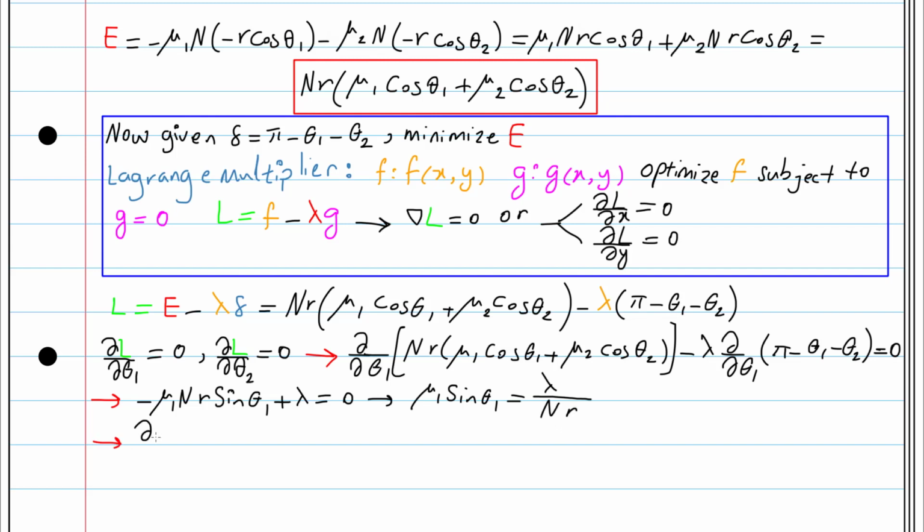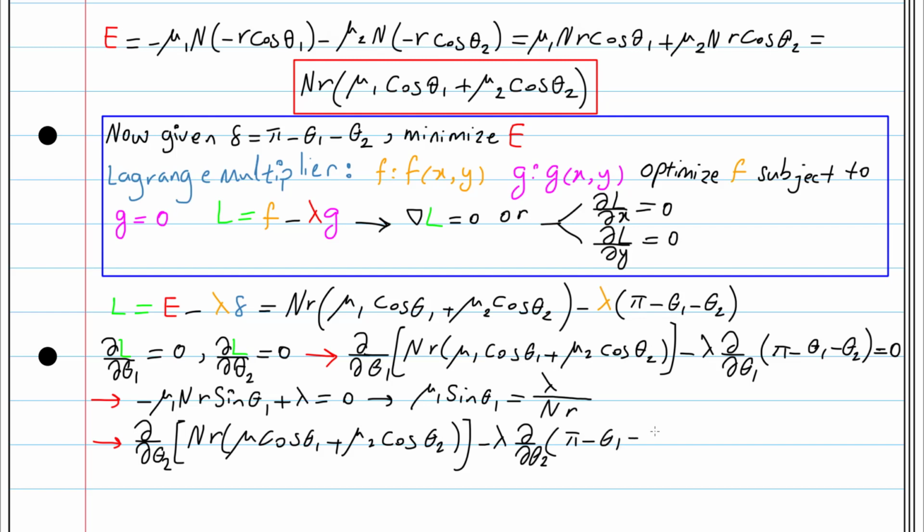In the same way, the partial derivative of the Lagrangian with respect to theta 2 equal to 0 gives minus mu2 n r sine theta 2 plus lambda is 0, and mu2 sine theta 2 is equal to lambda over n r.